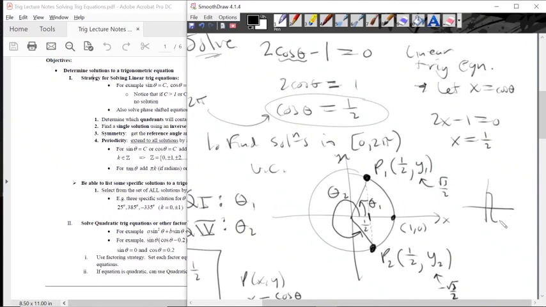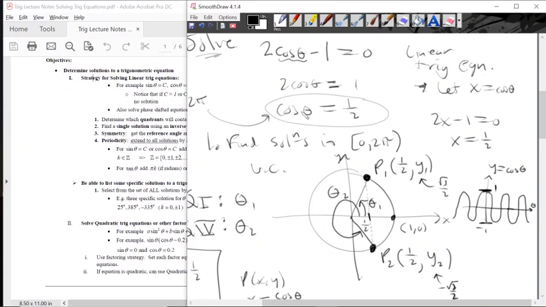The cosine wave is the one that looks like this, repeating like that indefinitely in both directions. It has a maximum of 1 and a minimum of -1. This is the graph of y equals the cosine of x, or the cosine of theta, for example. If I make this the theta axis, then that would be y equals cosine of theta.